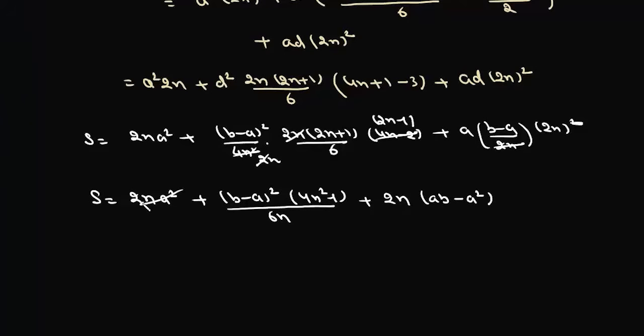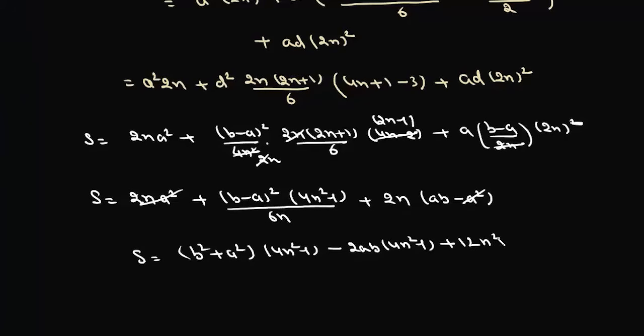Now 2 and a square will also cancel. So this sum will be (b square plus a square) into (4n square minus 1) and then minus 2ab into (4n square minus 1), and this is plus 12n square ab, whole divided by 6n.